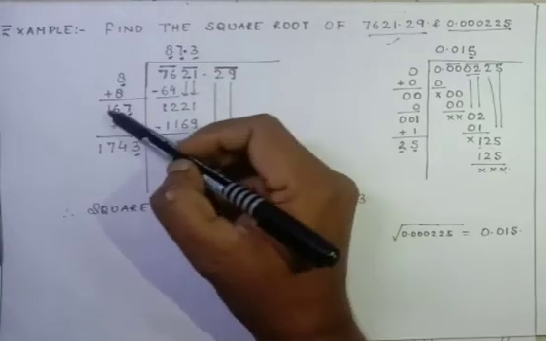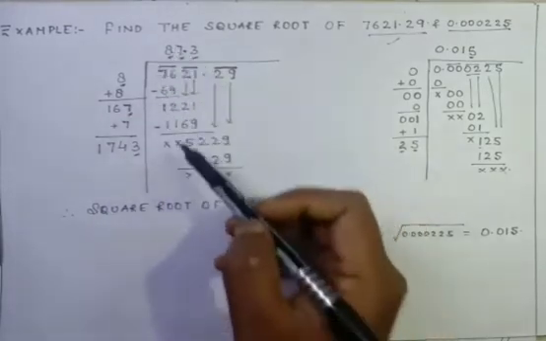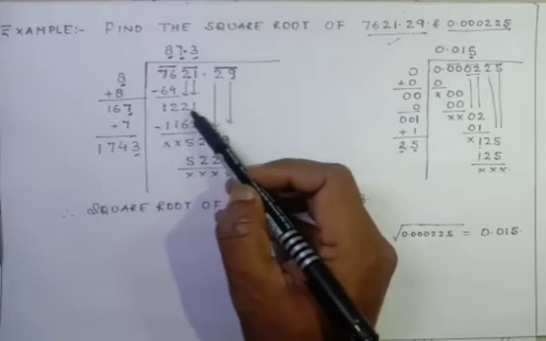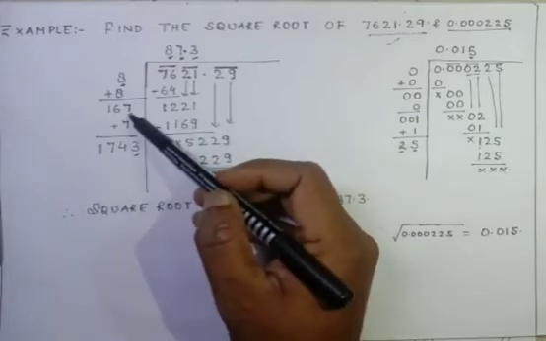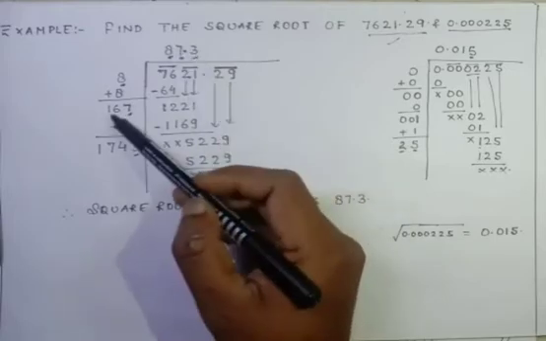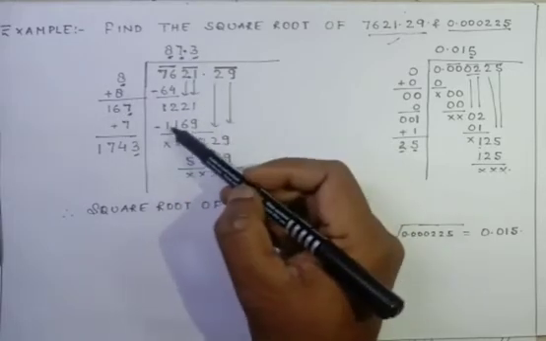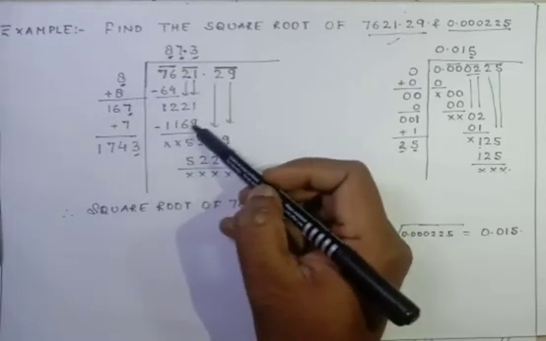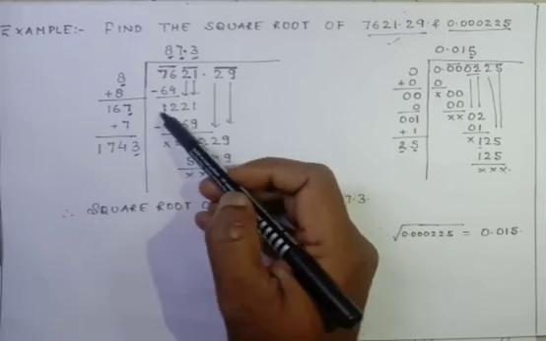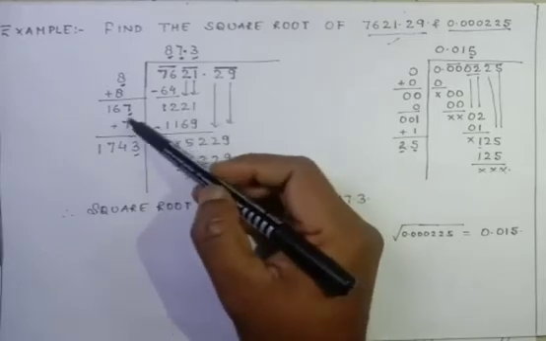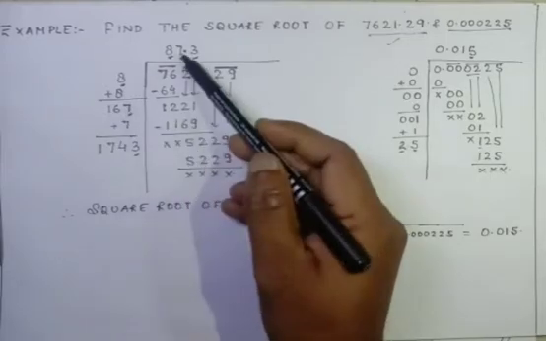If the product of 167 into 7 is less than or equal to 1221, then only we place 7. If I multiply 167 by 7, it comes to 1169. I am not going to take 8 because the product will be more than 1221. That is why I have taken 167 into 7.